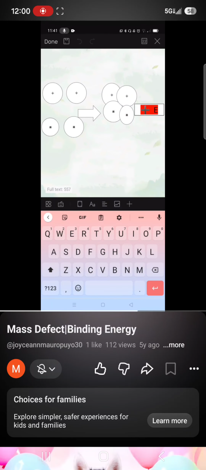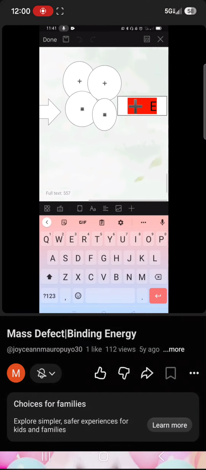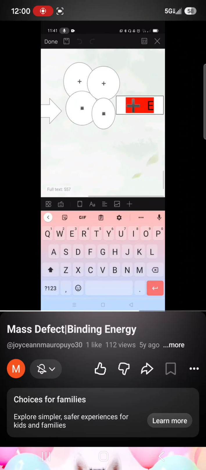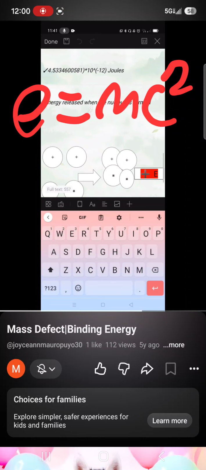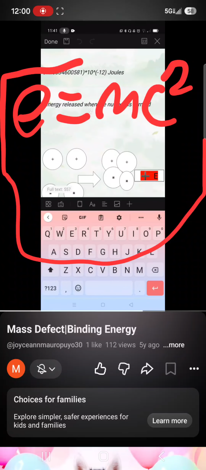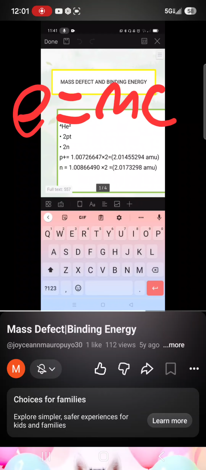Again, 2 protons, 2 neutrons result in a nucleus plus the energy released when the nucleus is formed. We have the value of 4.53346000581 times 10 raised to negative 12. That is what we call mass defect and binding energy.